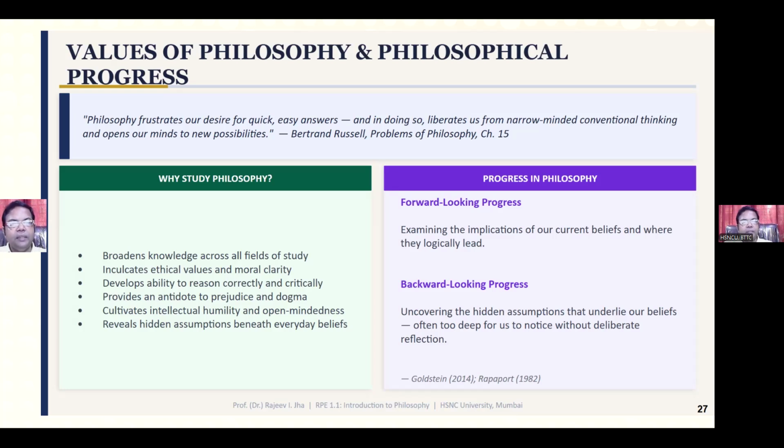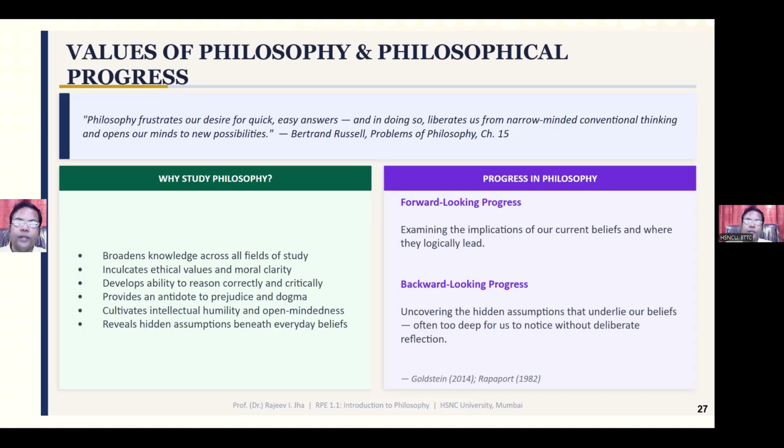In management, the best organizational theorists like Peter Drucker or Henry Mintzberg were not merely good technicians. They were philosophical thinkers who asked, what is an organization for? What is the purpose of management? These are philosophical questions with immense practical consequences.